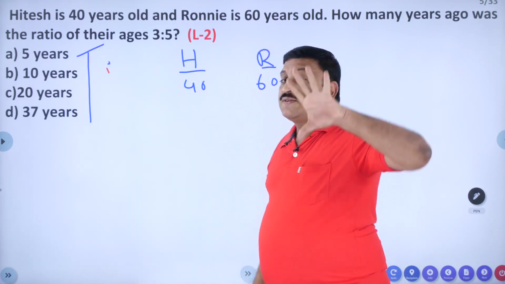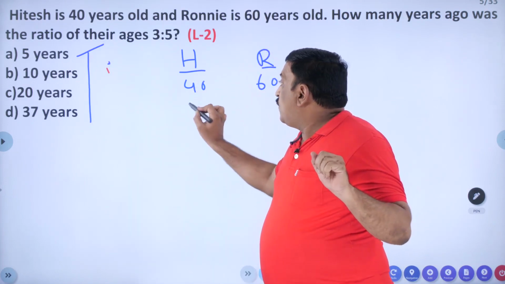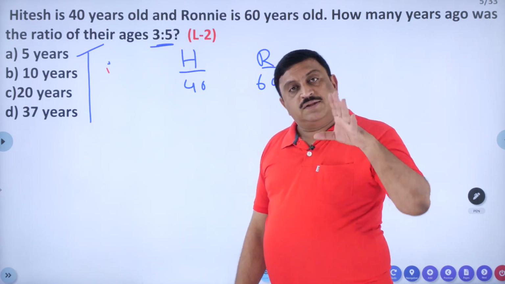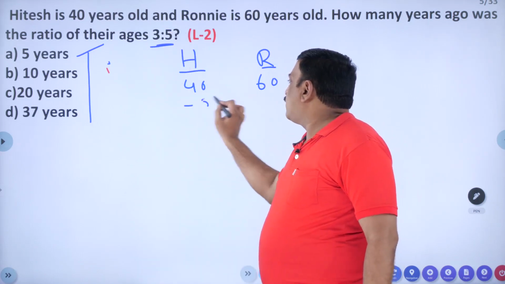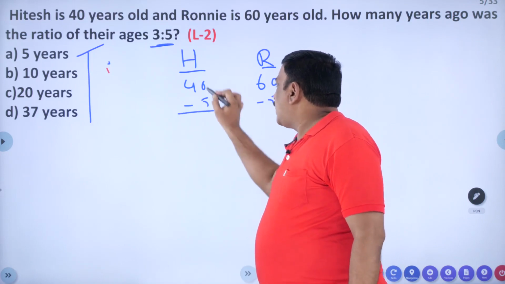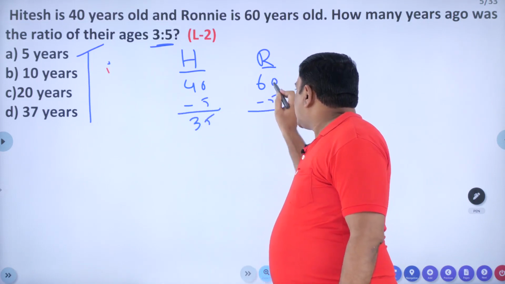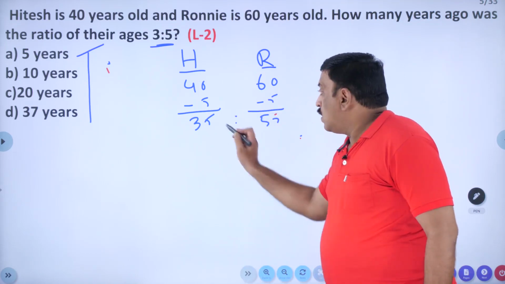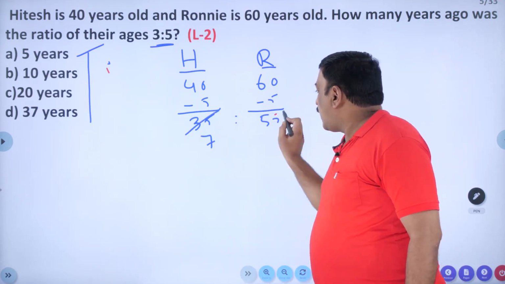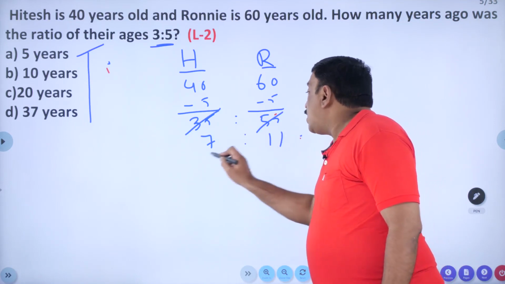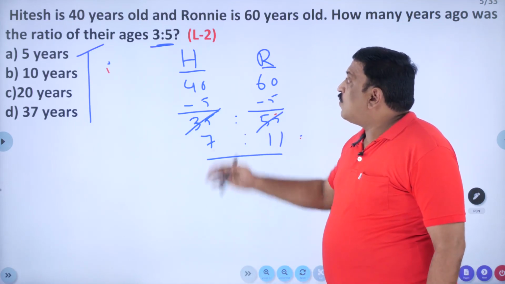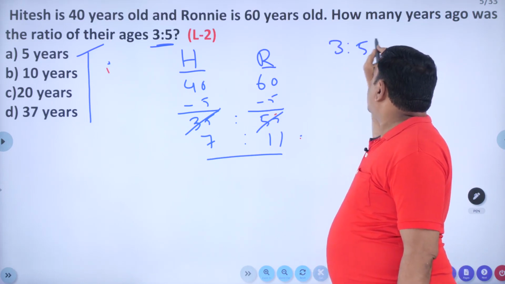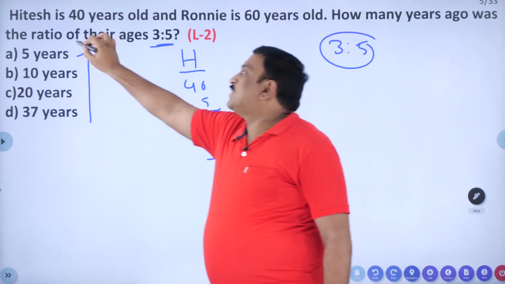Then 5 years before, what should their ages be? The ratio should be 3:5. So I remove 5 and 5: 40 minus 5 is 35, 60 minus 5 is 55. 35 to 55: 5 sevens, 5 elevens. So the ratio is 7:11. But our confirming ratio should be 3:5. Hence, this is wrong.